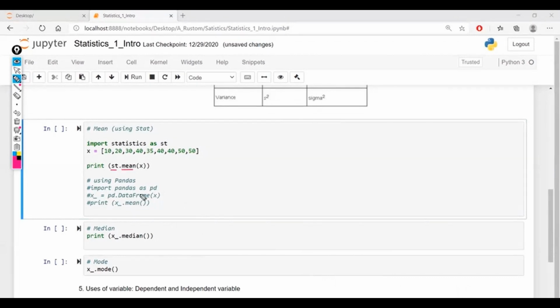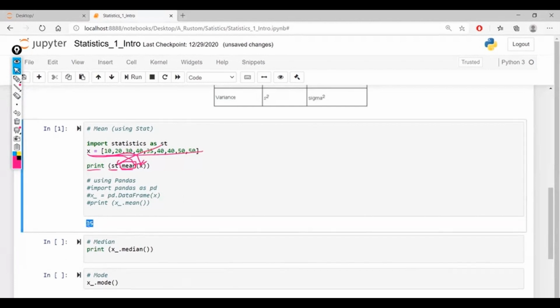Mean of what? Where is the data? Yes, here is the data. That data I'm going to refer here. I'm just printing X as my all data. I'm giving this data over here, and I'm just saying st dot mean. ST is nothing but the statistics, and mean is the method that we use to find the mean of the data. All right, let's execute.